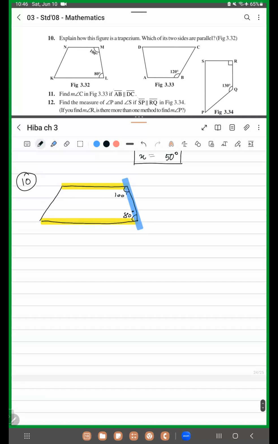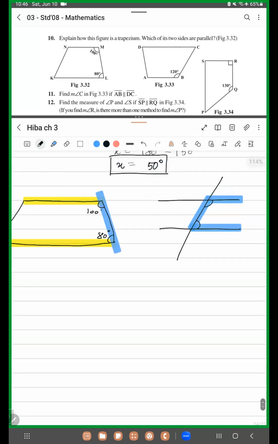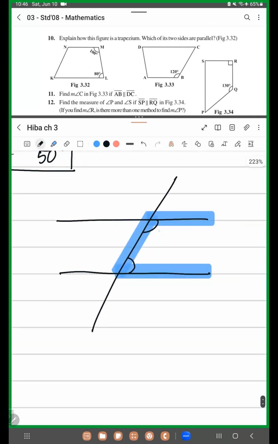Hiba, do you remember when we used to have two parallel lines and a transversal? Just see these two parallel lines, this transversal, and we are making this C figure over here. We were just discussing it in the previous class.